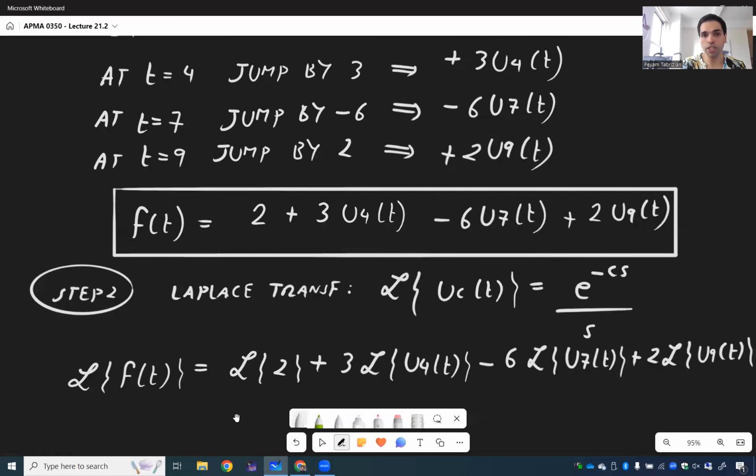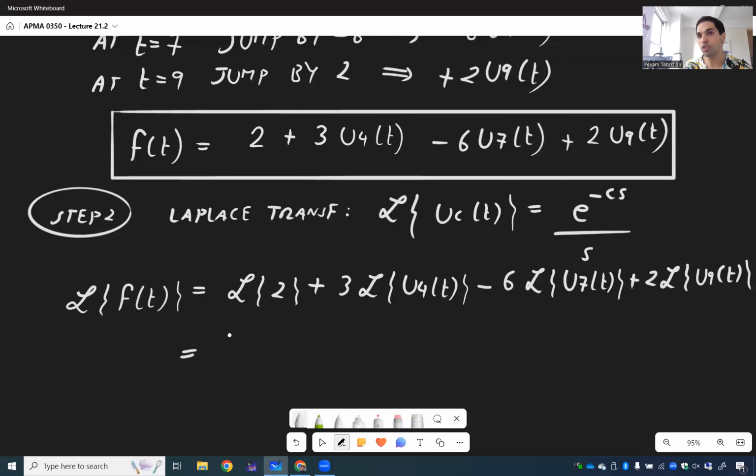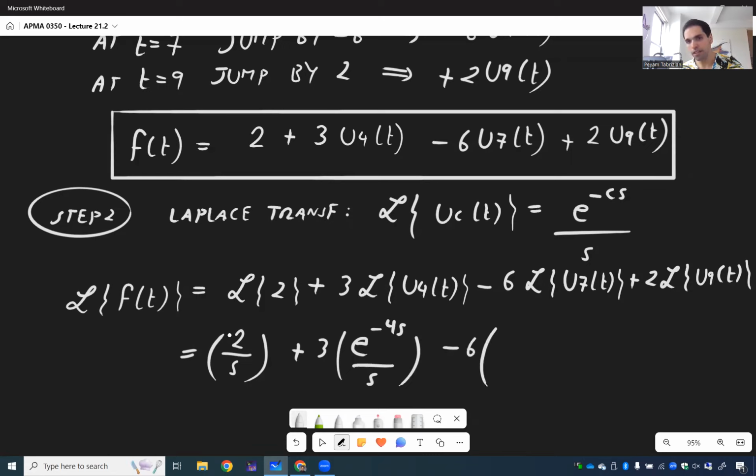And then it just falls like bread and butter, because Laplace of 2 is 2 over s, plus 3 e to the minus 4s over s, you can see the 4 here, minus 6 e to the minus 7s over s, and then plus 2 e to the minus 9s over s.